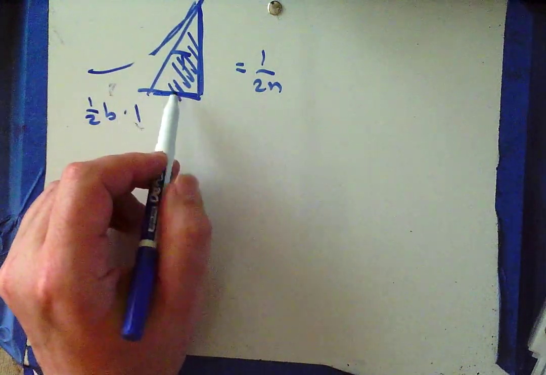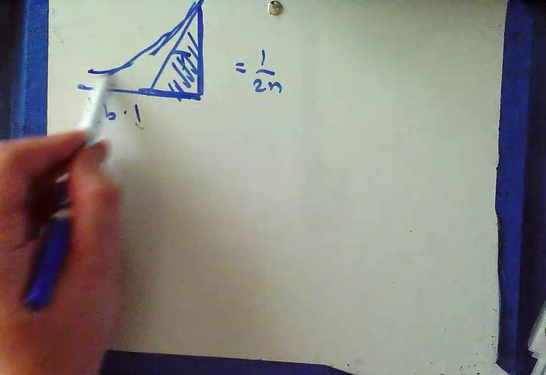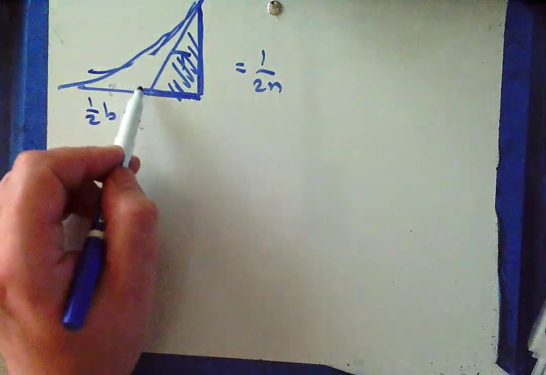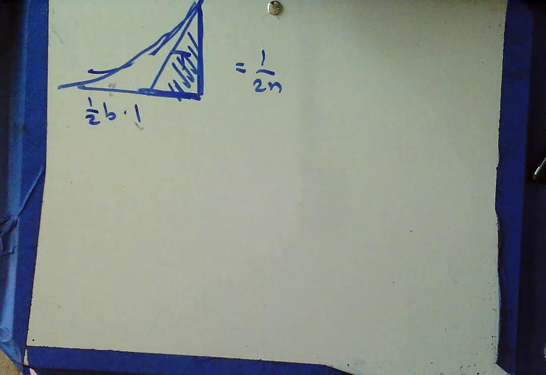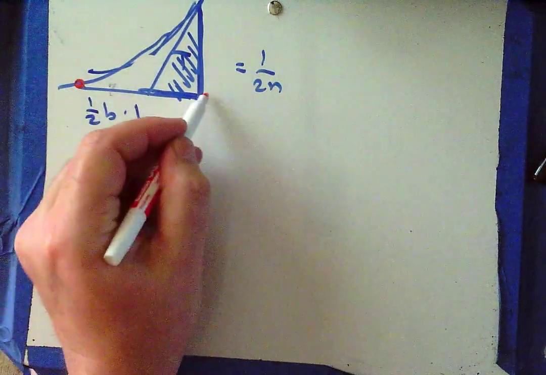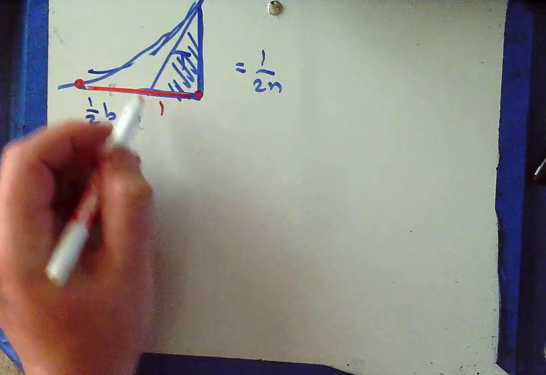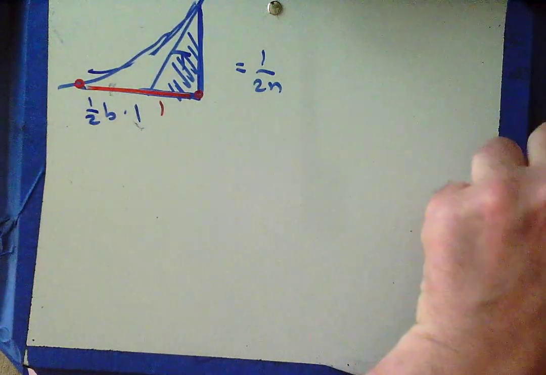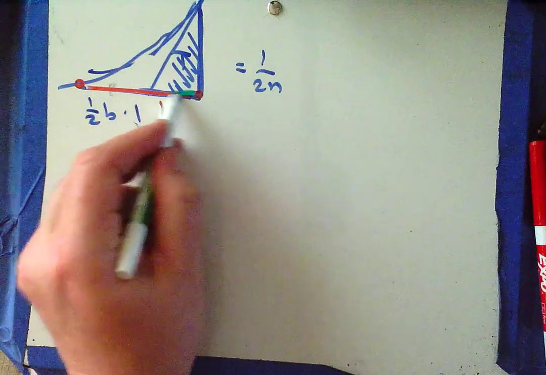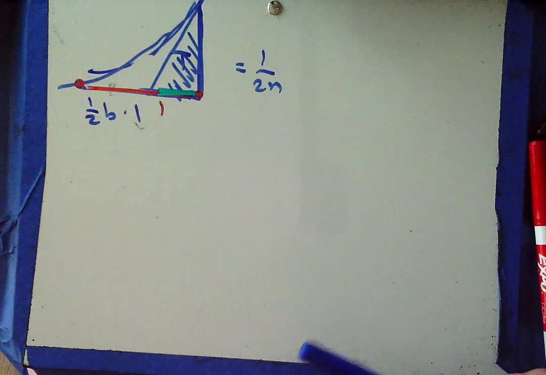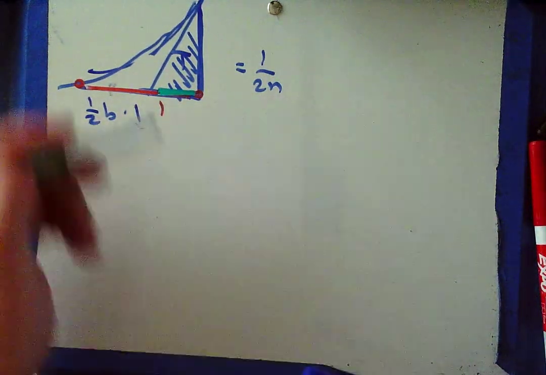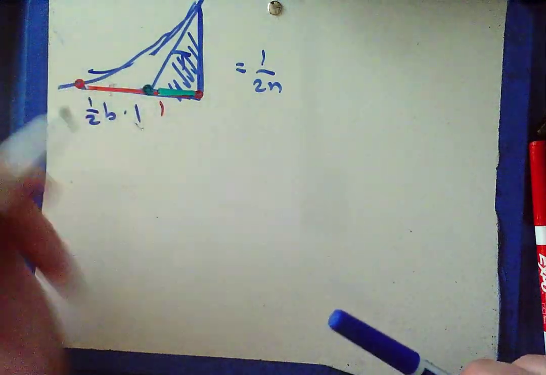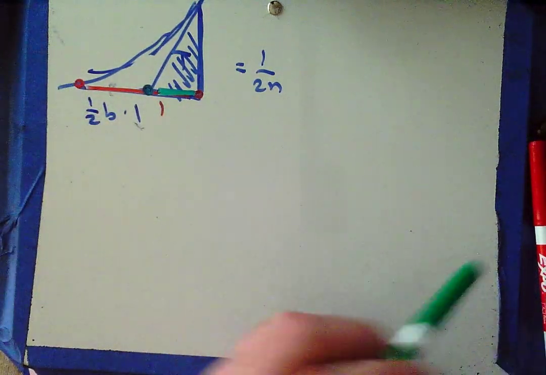Well, I know that this distance from here to here is 1. So this distance then has to be something less than 1. Can we find the x-intercept of the tangent line?